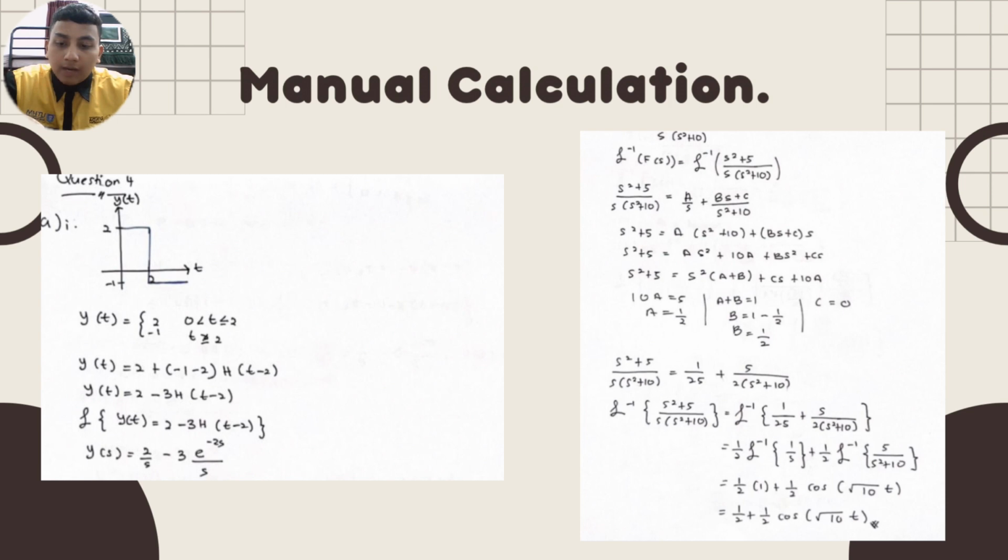After that we need to calculate. Using the formula, (s squared plus 5) over s(s squared plus 10) equals 1 over 2s plus (1 over 2) times s over (s squared plus 10).